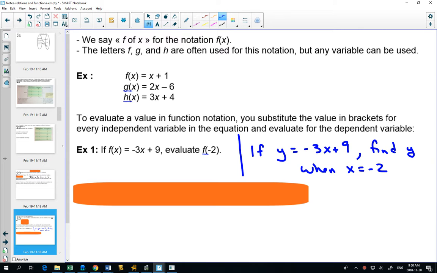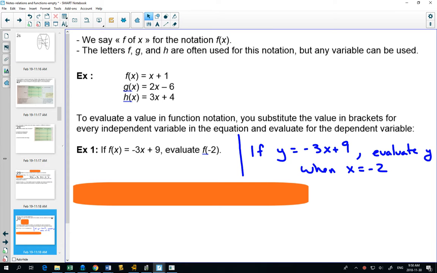Those questions mean the exact same thing. I want to really make it the same, so I should use the same words. So I'm going to say evaluate y when x is equal to negative 2.